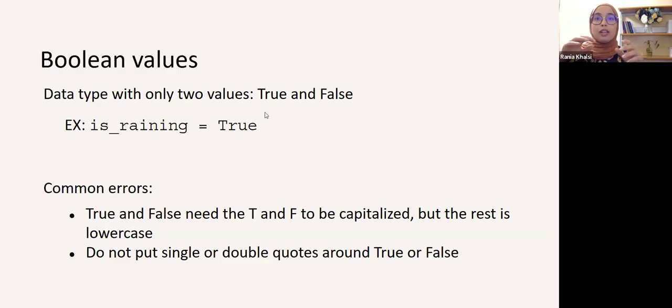You cannot see if it's Boolean, and we can make decisions based on that later, because later we will see that we will compare, we will decide, and we will use that and so on. So be careful not to use the double or single quotes. Except if you want to print to the screen true or false, that is a different scenario. Okay.